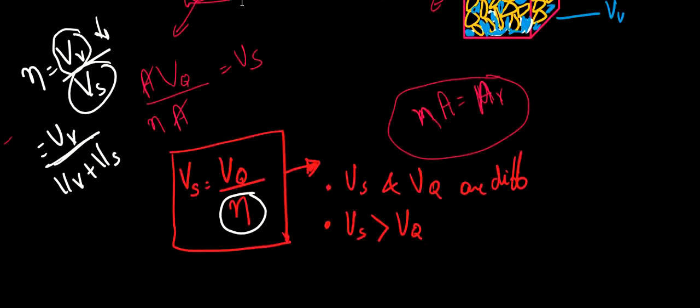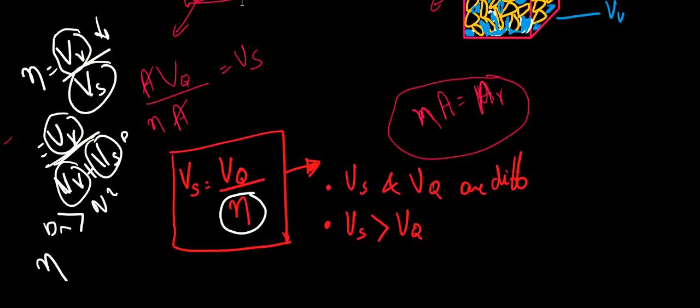So the denominator has the term Vv plus something, and the numerator has only Vv. So the denominator will always be greater than the numerator. Therefore, eta will no matter what always be less than 1, like 0.2 or 0 point something.